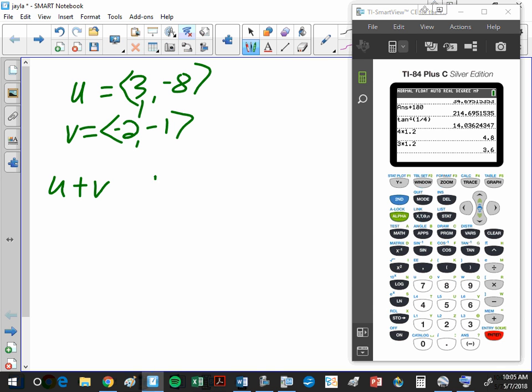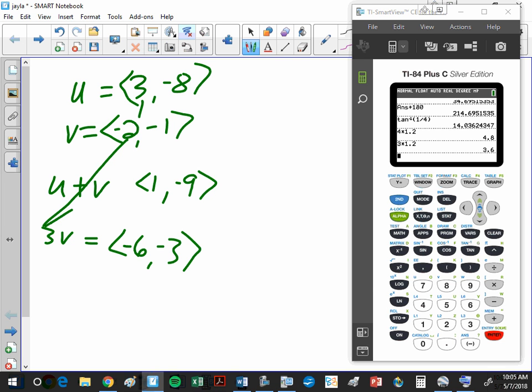So that would be 1, -9. Vector addition is very easy to do. Okay? What is 3v? Would be -6, -3. I just multiplied these both by 3.